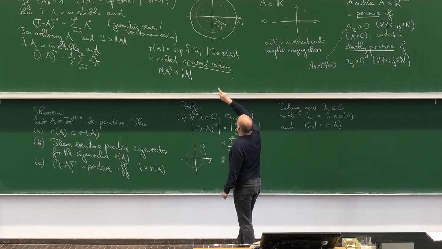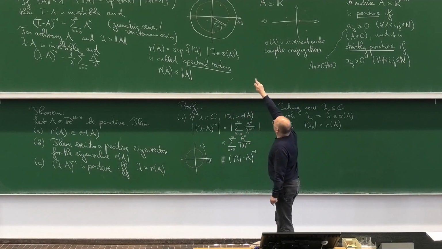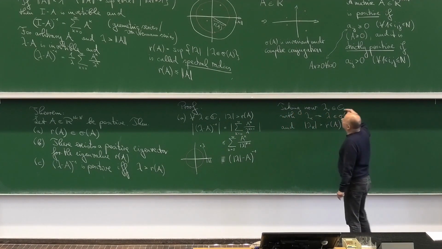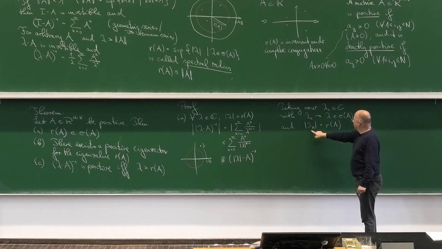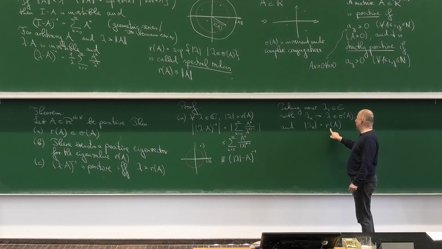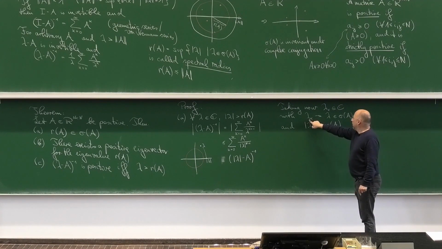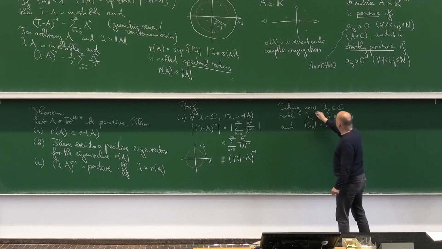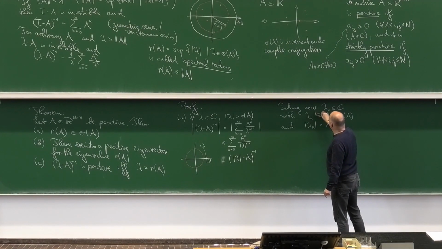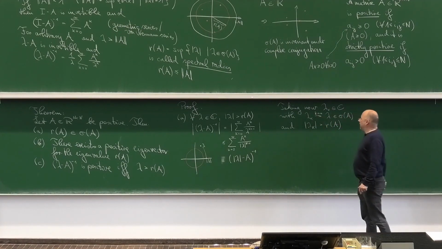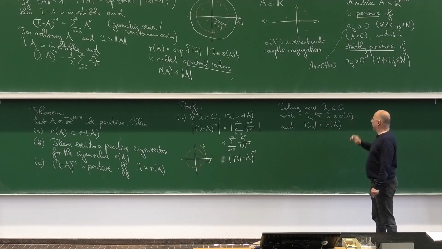So there's some lambda on this circle with radius r of a, and then we can approach this lambda from outside. So which means that the absolute value of lambda k is larger than the radius, and we can approach it. So here this is converging as k tends to infinity to this spectral value.